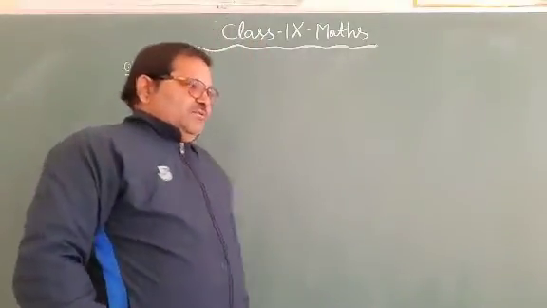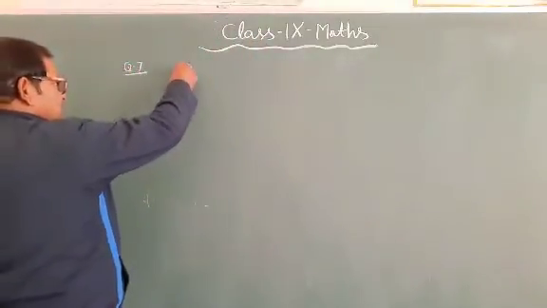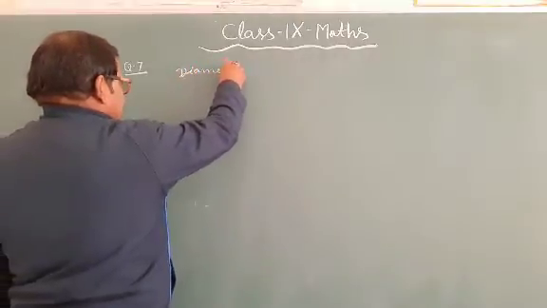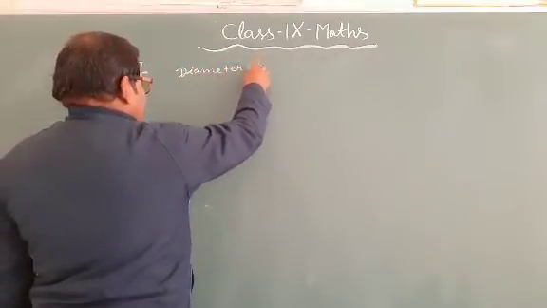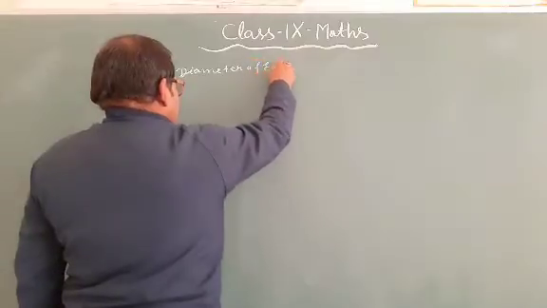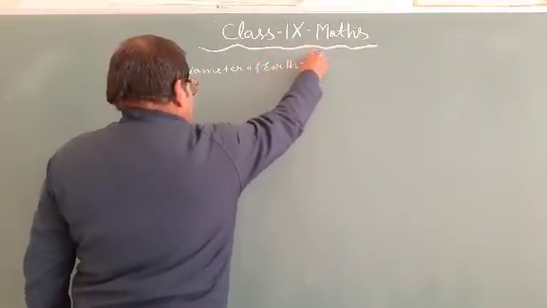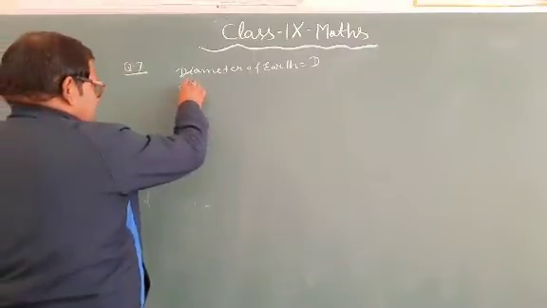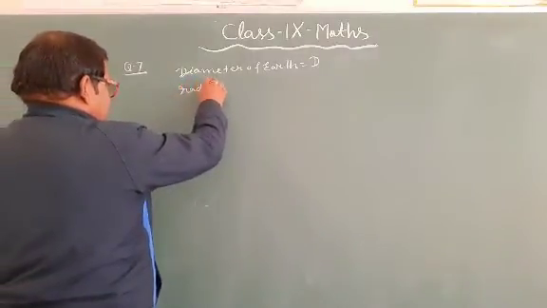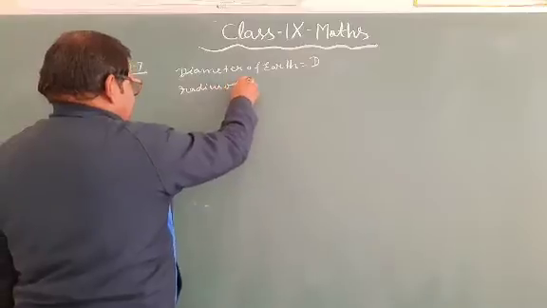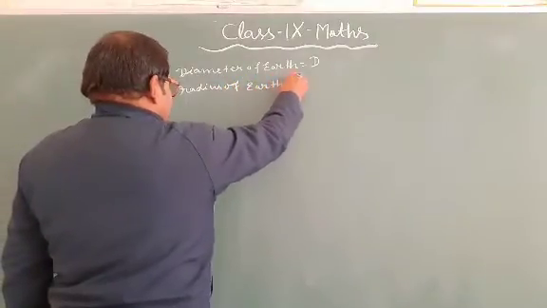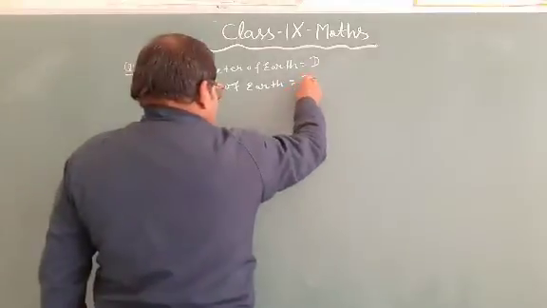The diameter of earth is equal to d. The radius of earth is equal to d by 2.